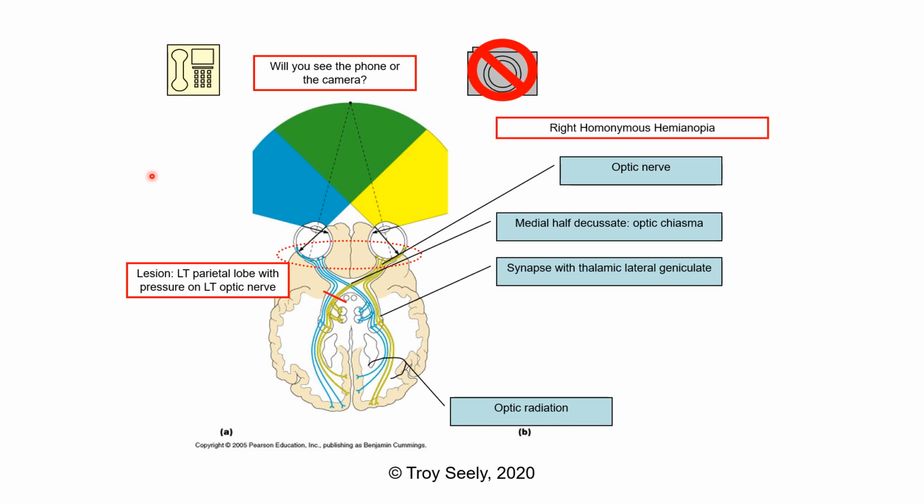This homonymous hemianopia is where, again, hemianopia is a partial blindness in half your visual field, and homonymous affects the same side of each eye. In this case, damage to the left side of the brain can cause loss of the right field of vision. So if we follow our pathway going up here, this blue line here that's affected by our lesion comes out and innervates this outer or lateral portion of the eye.